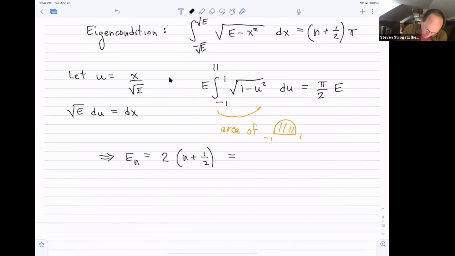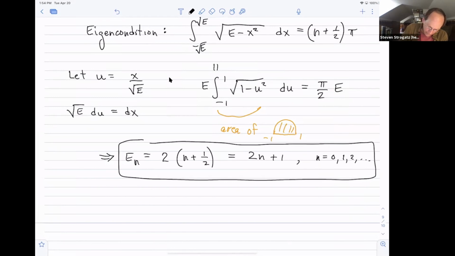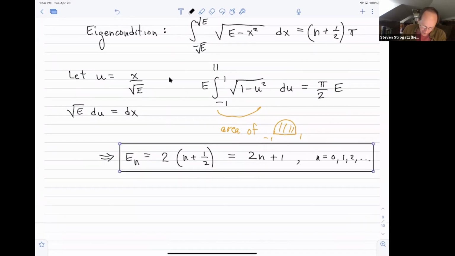Or if you want, you could write it as 2n plus 1. So n starts at 0. So that's a very nifty little formula.